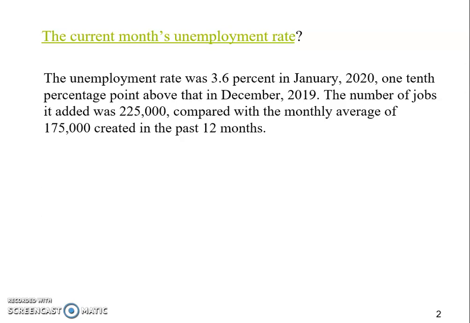Now, if the economy created more jobs than the past year, how could the unemployment rate go up a little bit? That's what I just meant by self-contradictory. Now you may think, well, this might be just an outlier, right?